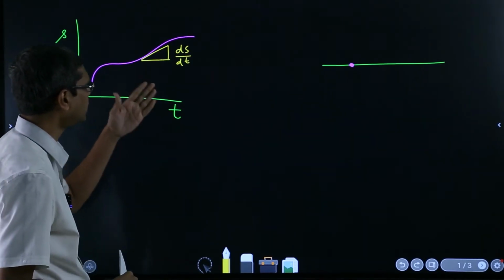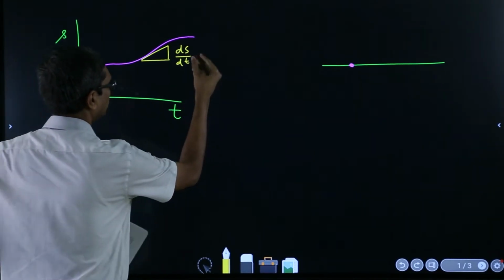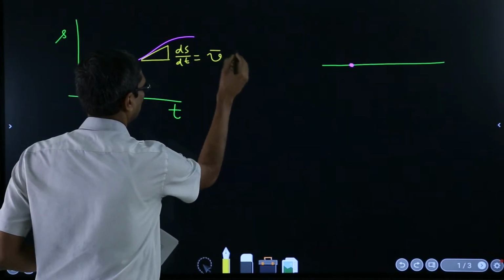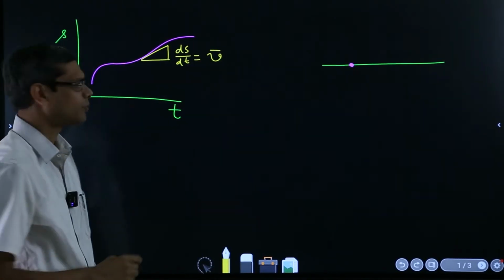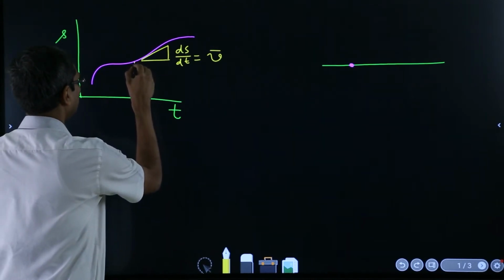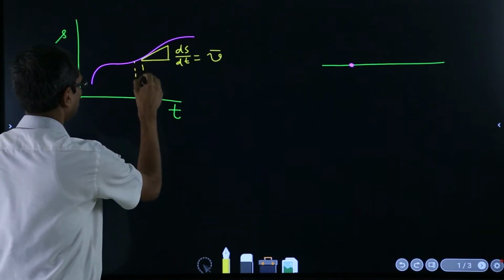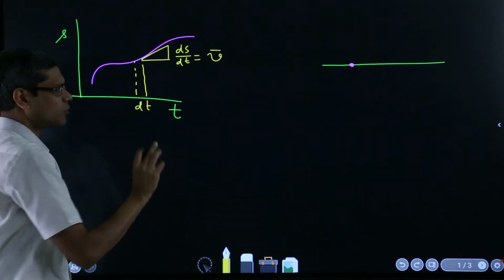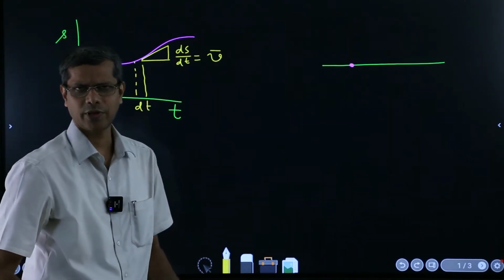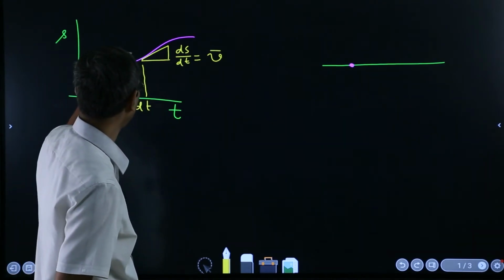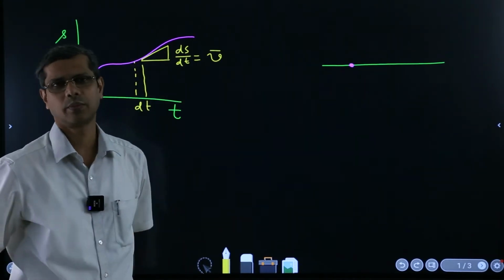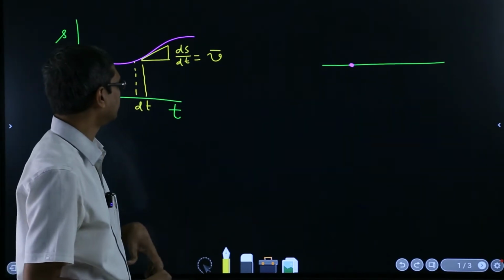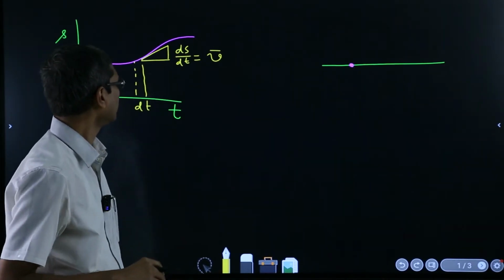Like for example here, it gives you the velocity of the particle. If you choose a very small patch of time dt, and the movement that the particle has made is ds, then ds over dt will give you the velocity.